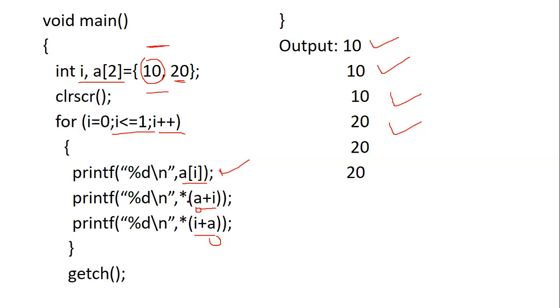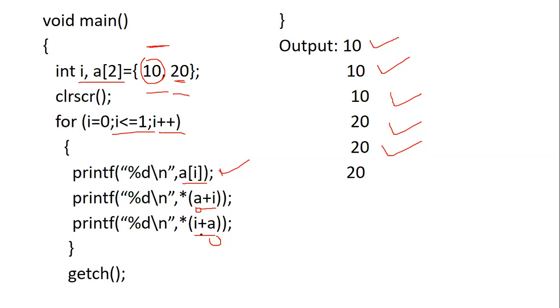Next time, we have inside the round brackets, pointer a plus I. Here, the value of a, as it is the name of an array and under the round brackets, we'll consider it as 0, plus I. The value of I is 1. So this becomes the value at location 1, which is 20. So again, we print 20.